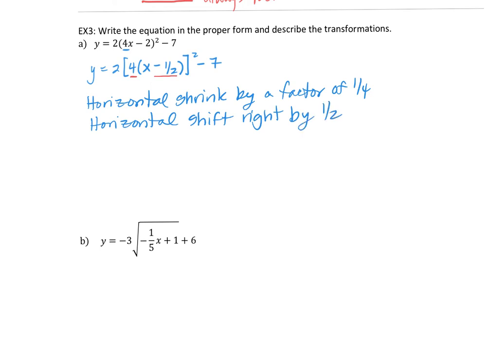Okay. So now that we've addressed the 4 and the -1/2, we're going outside of our square function and we see this 2 on the outside. That would be a vertical stretch, and we're stretching by a factor of 2.